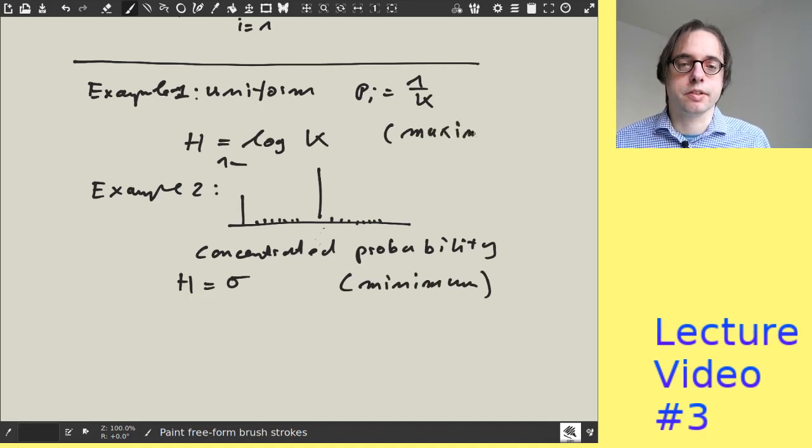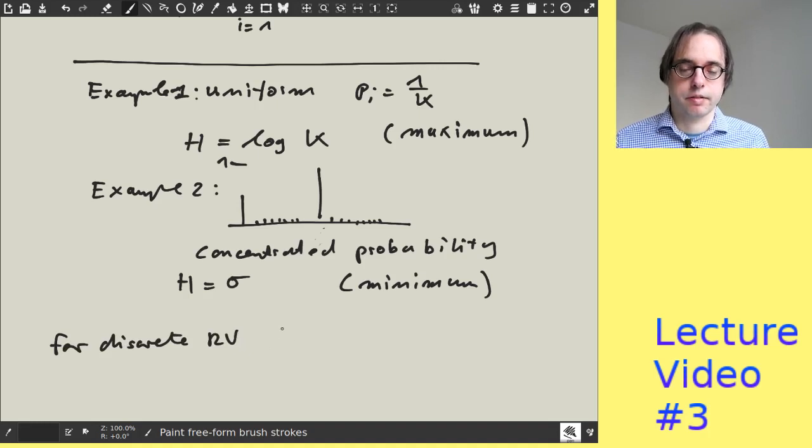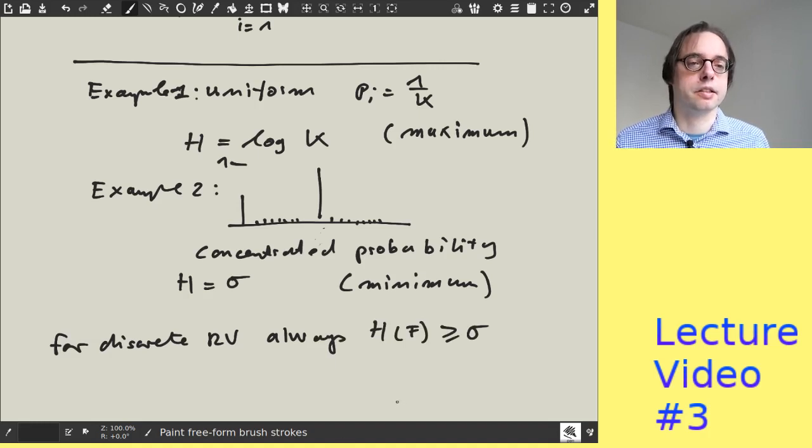And it turns out that for discrete random variables, the entropy cannot be smaller than 0. It is either 0 or larger than 0, and it's also maximized if it's uniform.